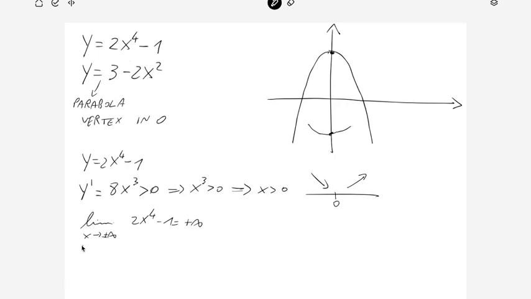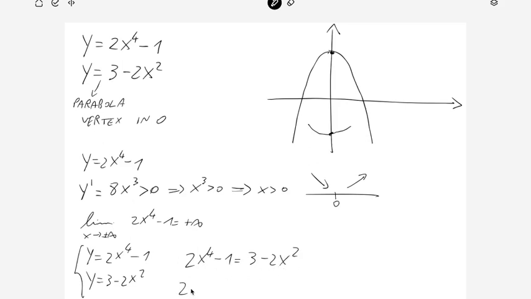When these two functions have an intersection point, we have to solve this system, and both of these quantities are equal to y, so they are equal to each other, and we obtain 2x to the 4 minus 1 is equal to 3 minus 2x squared.